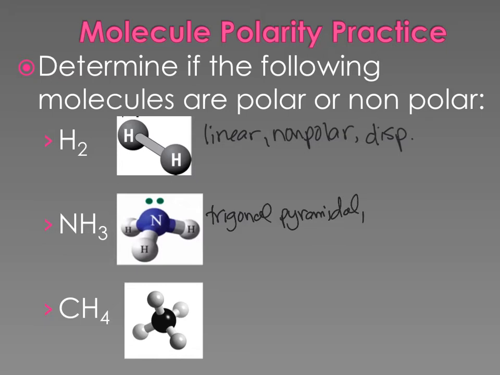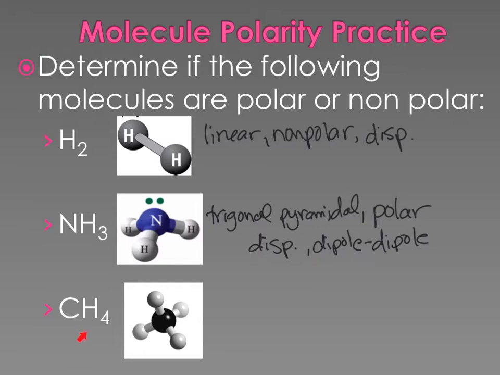That lone pair of electrons automatically makes this a polar molecule. So here we would have dispersion forces and then also dipole-dipole. So, thinking about the stickiness of the molecules, if we're comparing ammonia to H2, this one would be stickier because it has more intermolecular attractions.